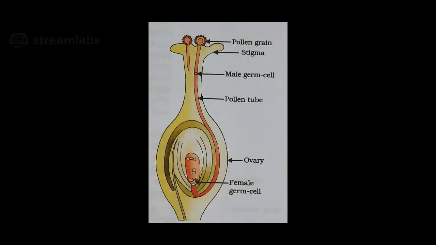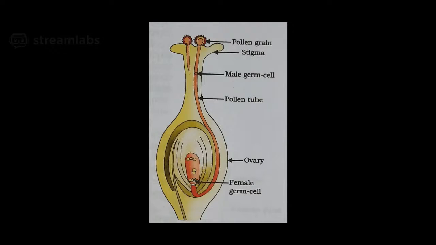This is the picture where you can see the pollen grain. One pollen grain has started a pollen tube. The other one has already reached the female gamete.